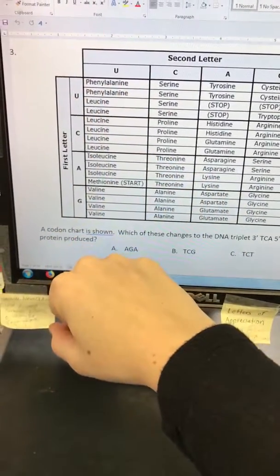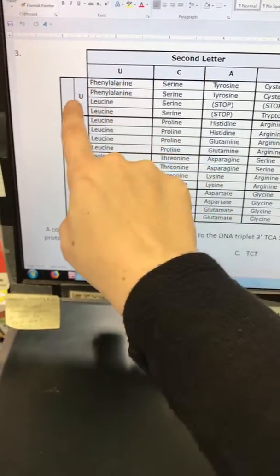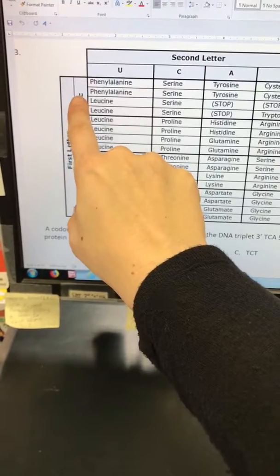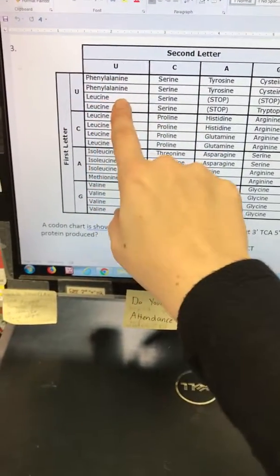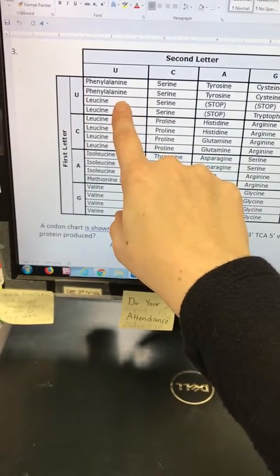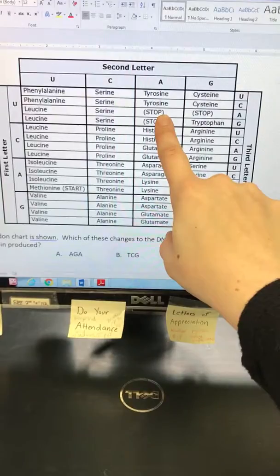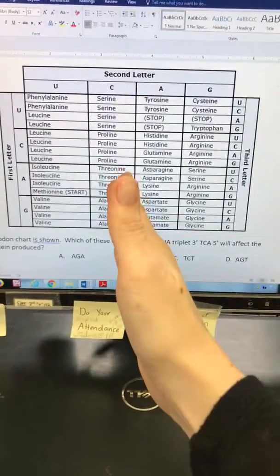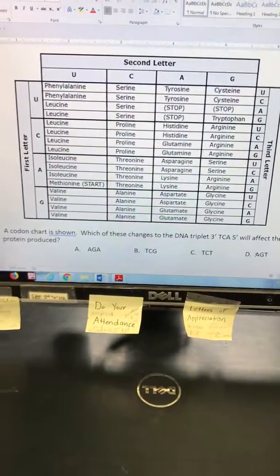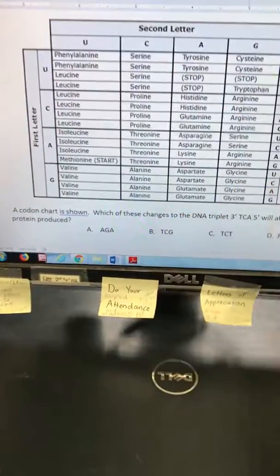But if a substitution, because that was also a substitution, if UUU changed to UUA leucine, that would be a mutation that changed one codon. And then remember, if you insert a stop codon in the middle of an amino acid chain, it changes that amino acid and everything afterwards. And then insertions and deletions changed that codon and everything afterwards.